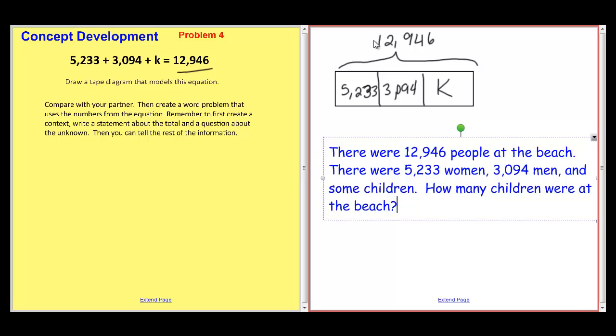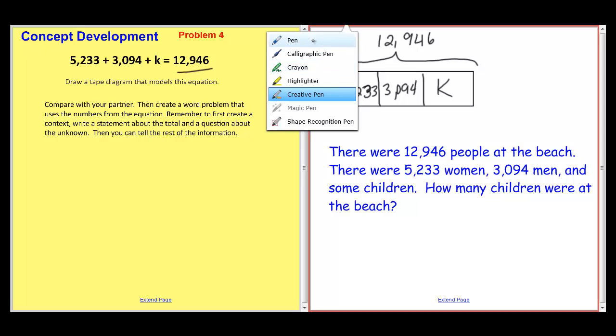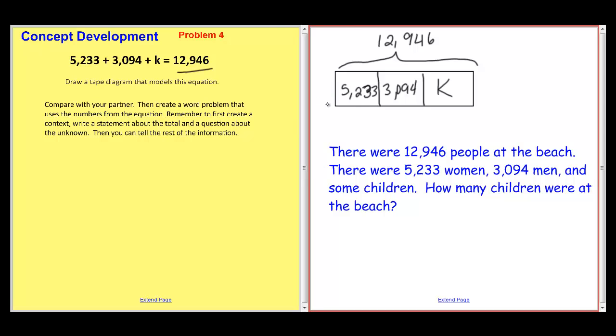Okay, so this problem, you're going to solve this problem exactly like you solved problem number 1. We have to take these two parts away from the whole. So I'm going to begin by putting these two numbers together and then subtracting the total away from the whole. So I'm going to start by adding these two numbers together.